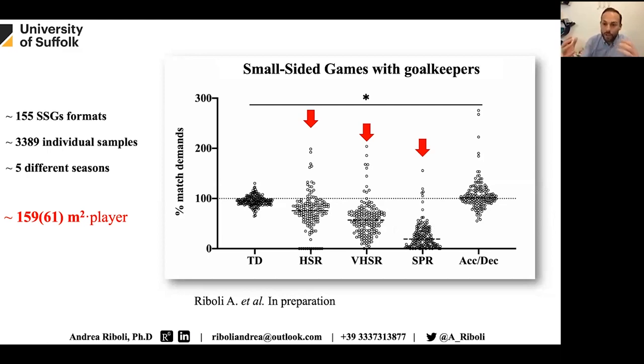This information comes from different teams and different clubs, so this is a picture of what is usual during small-sided games in elite soccer. I would highlight that the average area per player utilized in small-sided games was about 159 square meters per player. This information should be considered for the next slides.